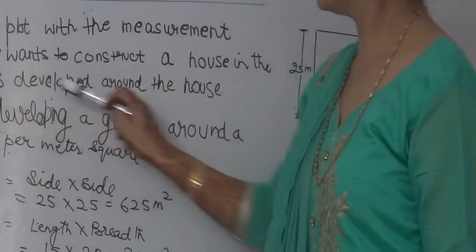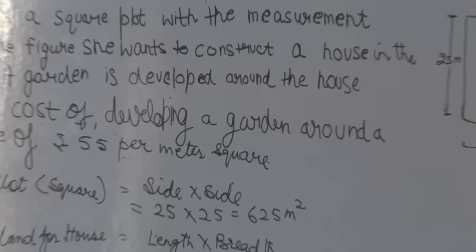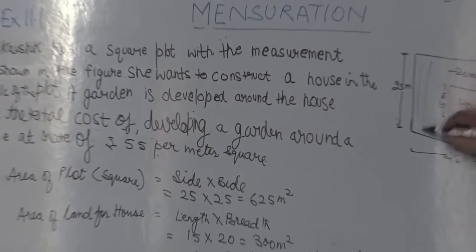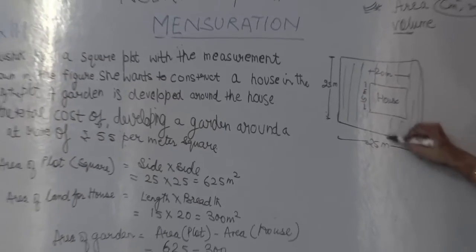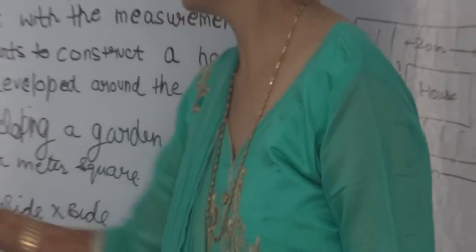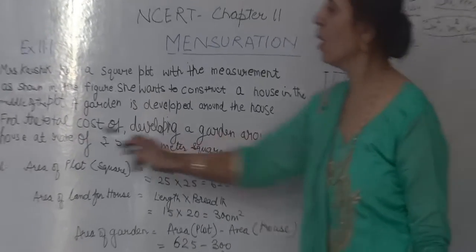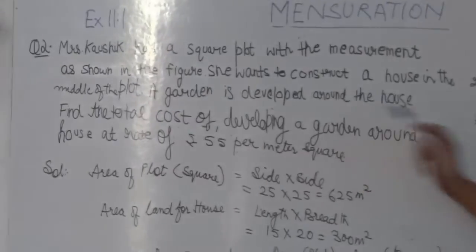A garden is developed around the house. So this is the area used for house, and this remaining area, this part she will be using for developing a garden. Is it clear? Now find the total cost of developing a garden around the house at rate of rupees 55 per meter.